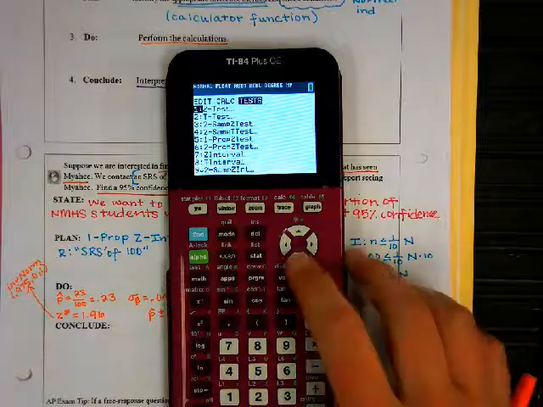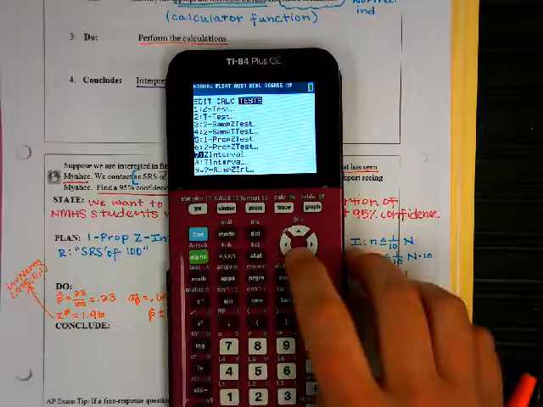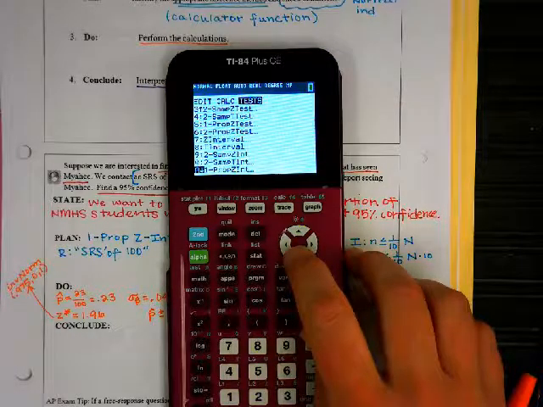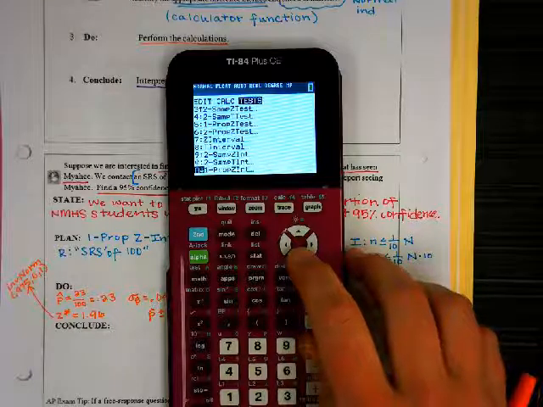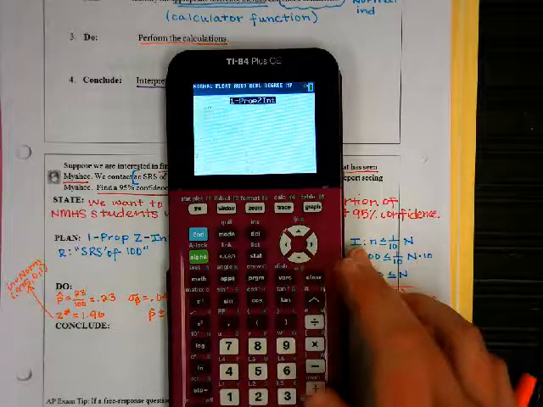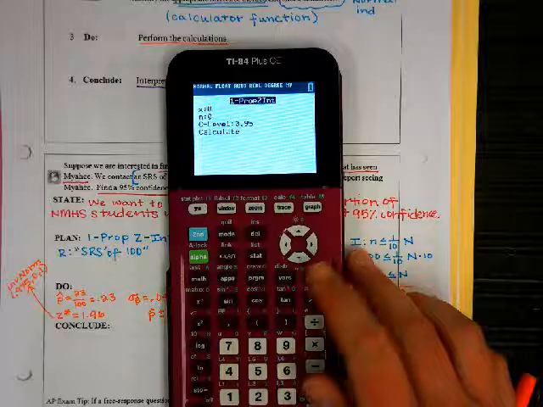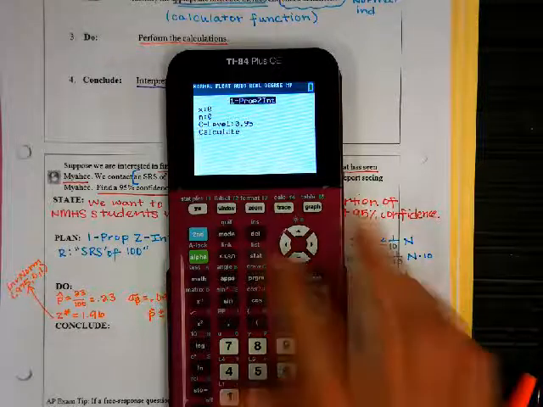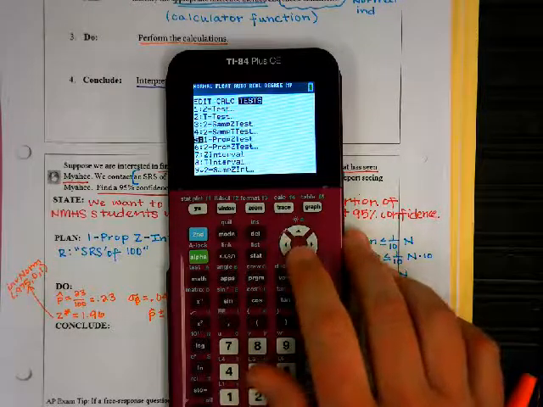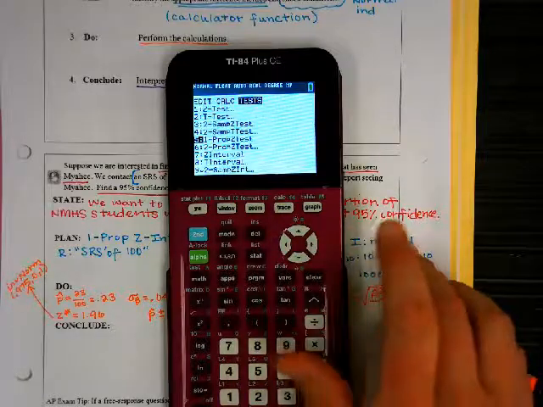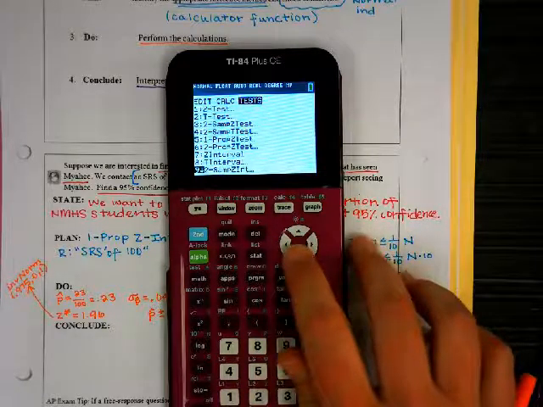A, 1-PropZInt. And then we hit enter. Oh, stat tests. Don't do 1-PropZTest. That's next chapter. Right now we're at 1-PropZInt. Not 2-Prop, that's 2 chapters away.